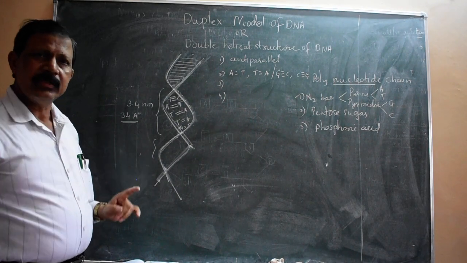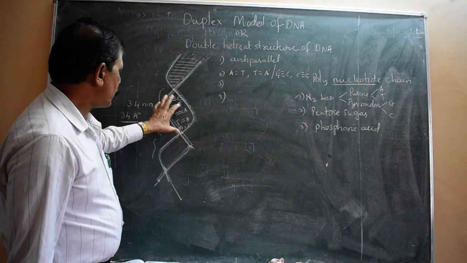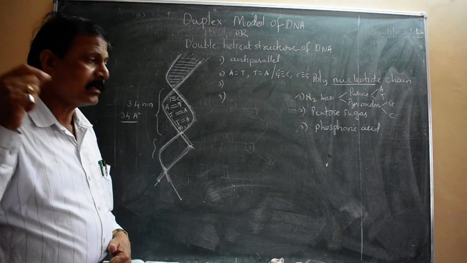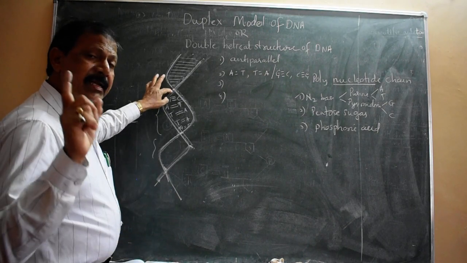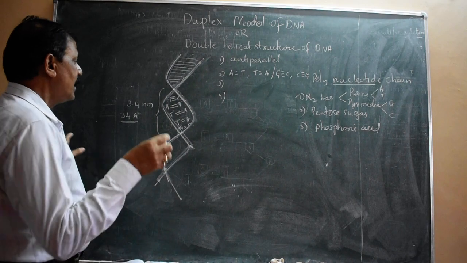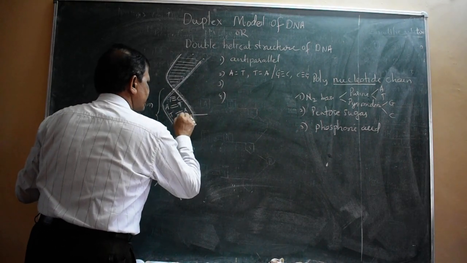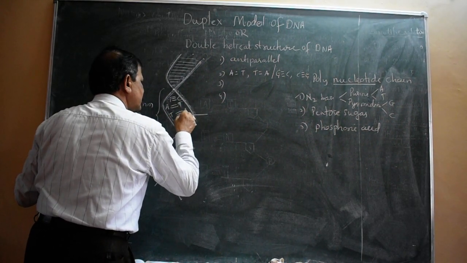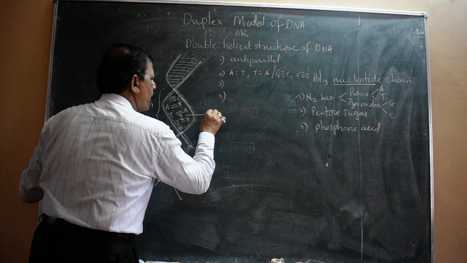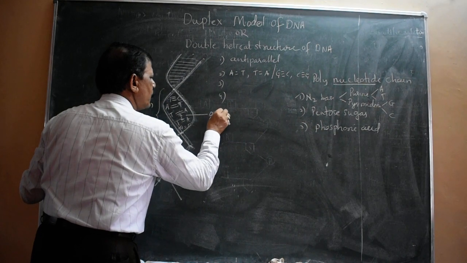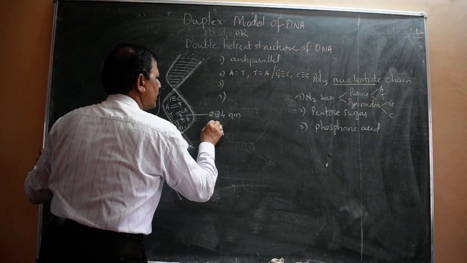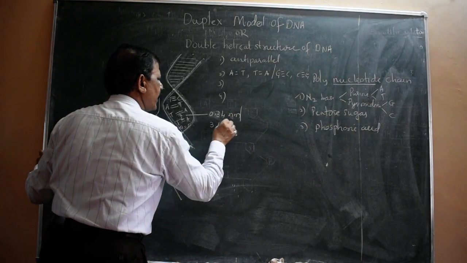So in this 34 angstrom or 3.4 nanometer, how many bases are depicted? A total of 10 base pairs. And each base pair distance is about 0.34 nm, or 3.4 angstrom.